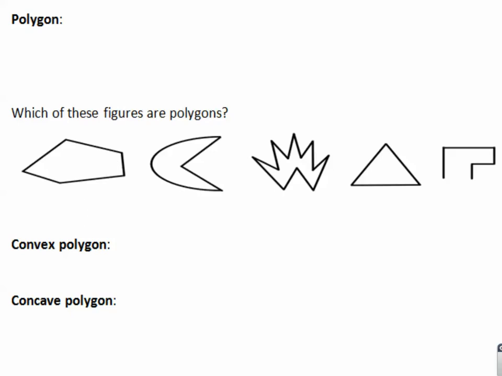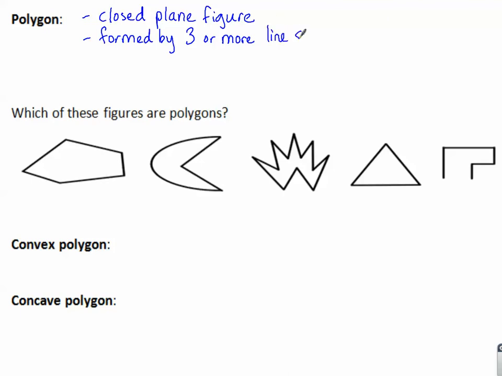A polygon, some notes to know about it, is a closed plane figure. It's closed. It is formed by 3 or more line segments, and these line segments are called the sides of the polygon.